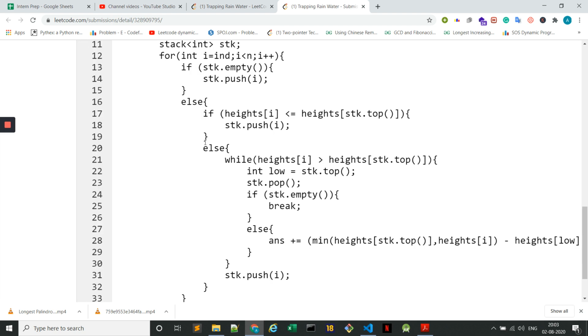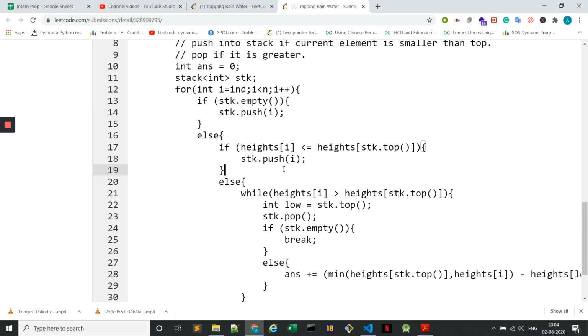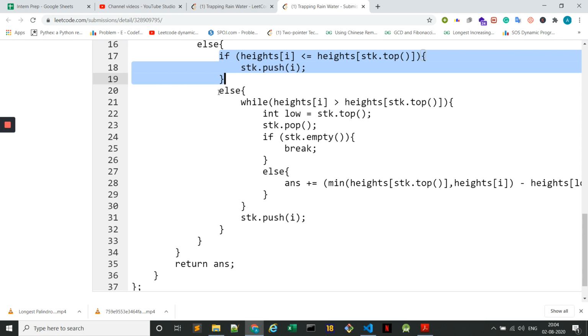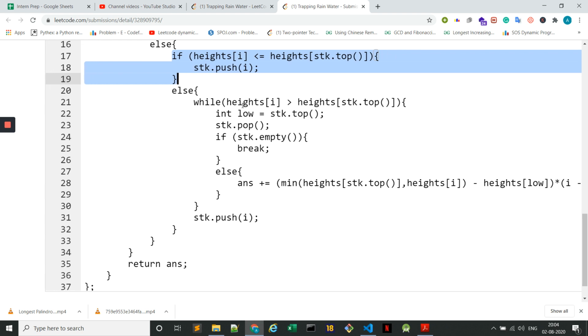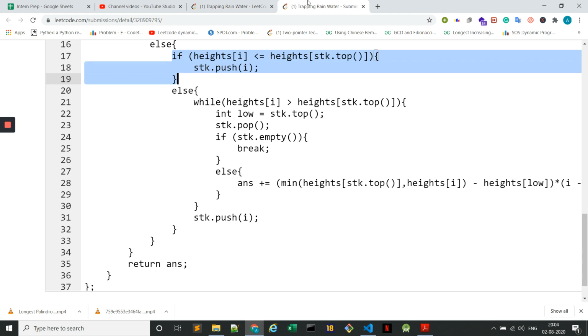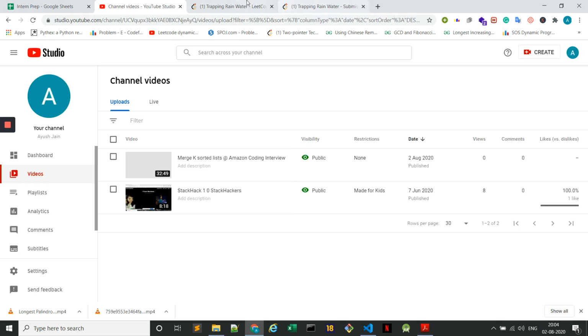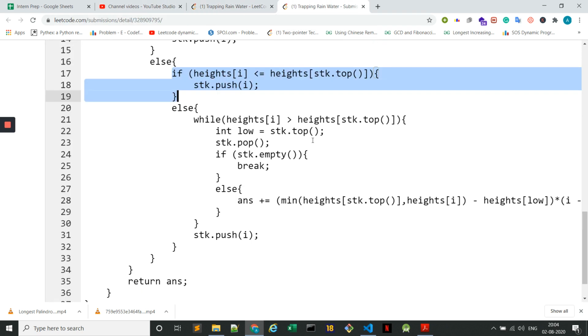Okay, yeah, I have made these while loops, but I have added an extra condition, which means if the height is less, then I will push. That is obviously what I am doing after the end of the while loop. And while height of i is greater than, okay, so I am using this less than equality. So yeah, we are doing the same thing, right? I think we are doing the same thing.